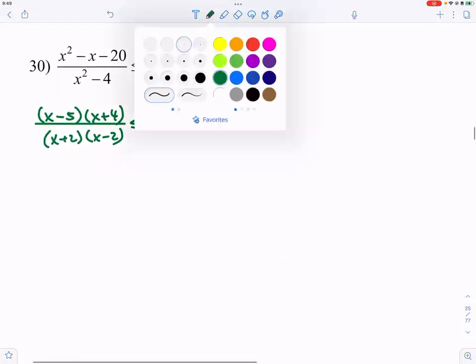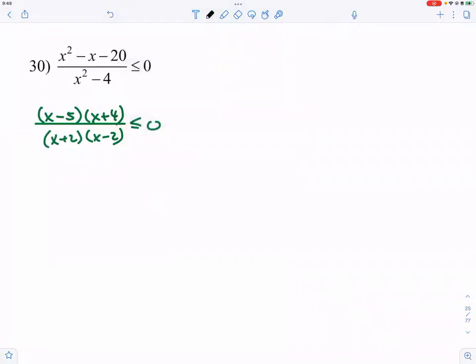Now, I think there was a previous question earlier that I used a sign chart to solve, and I said this earlier already. The primary problem with using a sign chart is, do you know how to construct a sign chart properly?